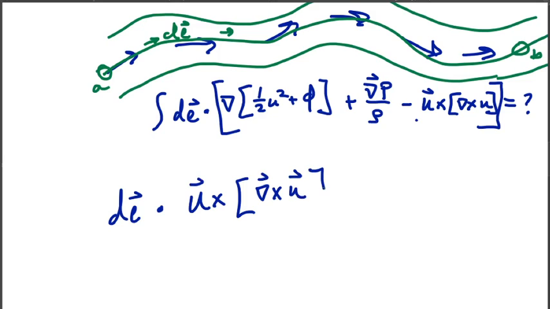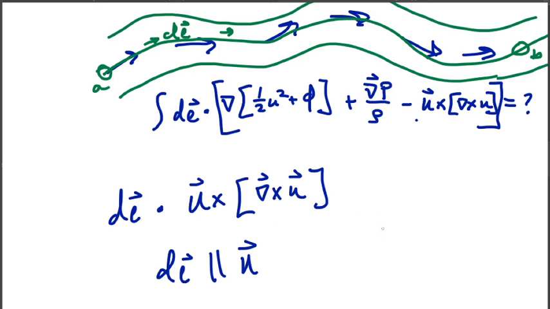Okay. So we know that dl is parallel to u, because the stream function is itself the line that is everywhere tangent to u. So it's parallel to u at all points.